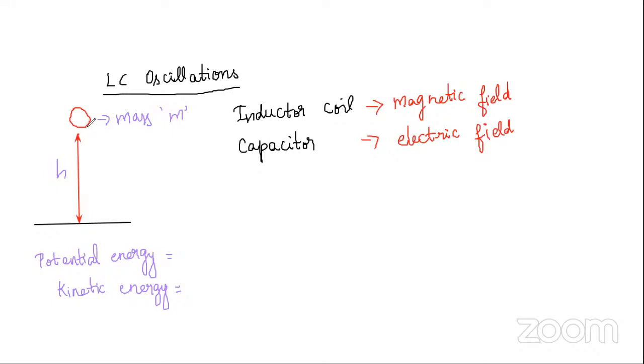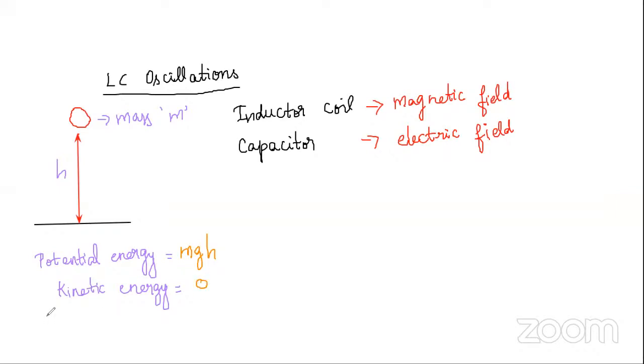It's a general question actually. MGH, sir. You are absolutely right, mgh. What is the value of kinetic energy here? Half mv square. Now it is at rest, so what is the value? Zero. It is 0.